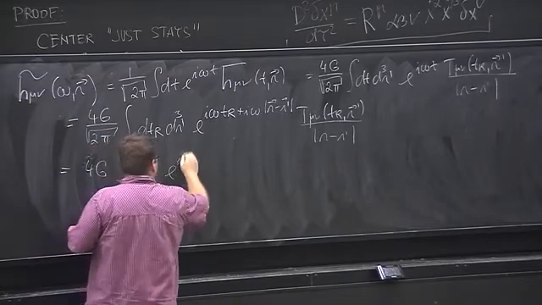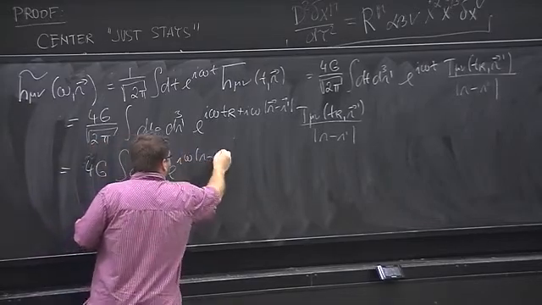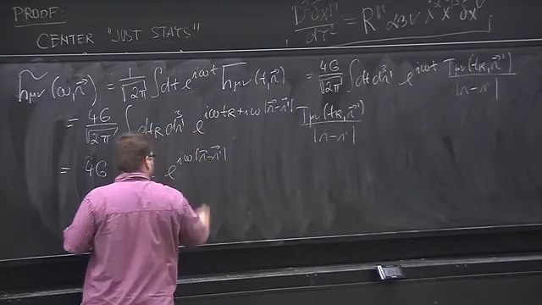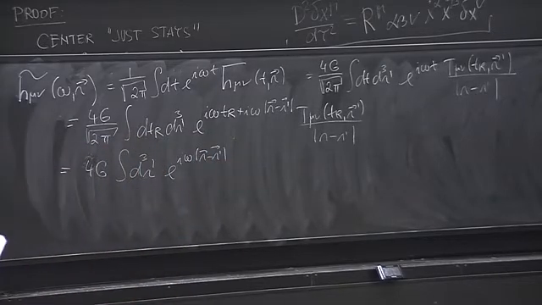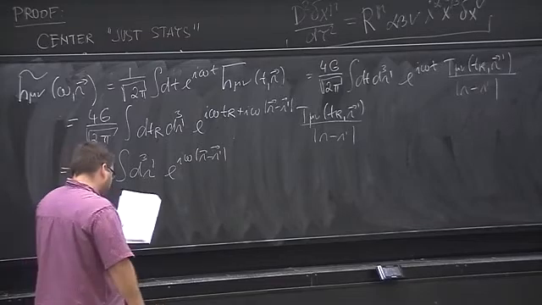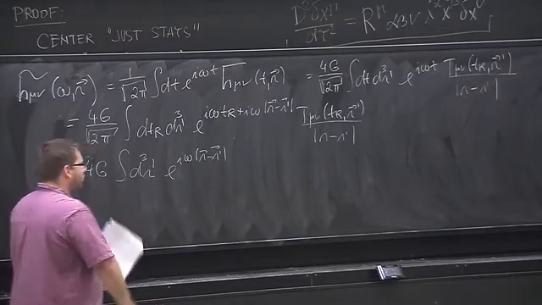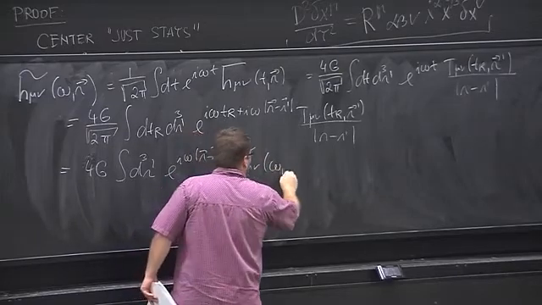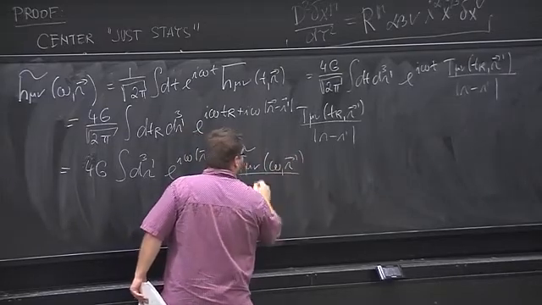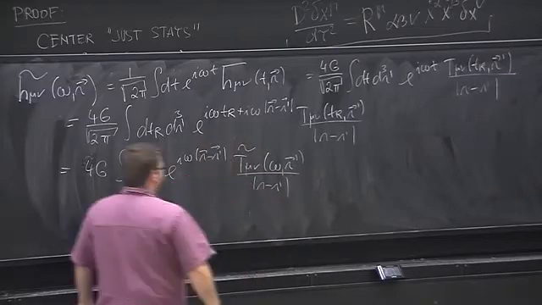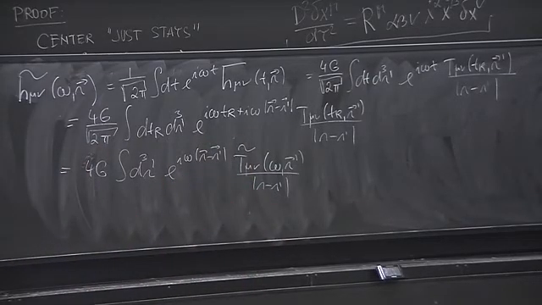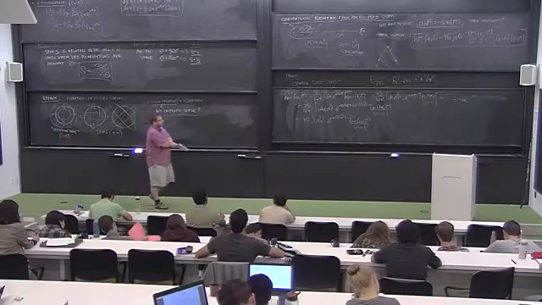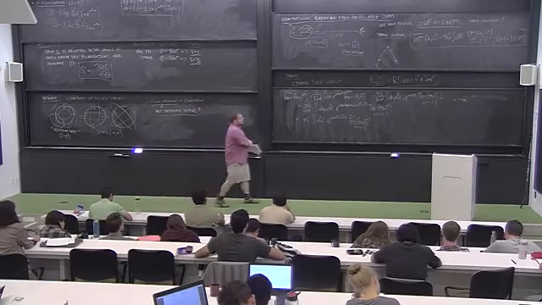This is what is left, e to the I omega times r minus r prime, and then you have T mu nu tilde of omega, r prime, over r minus r prime. Okay, so I got rid of the tr integral by simply saying this is just a Fourier transform of T mu nu.